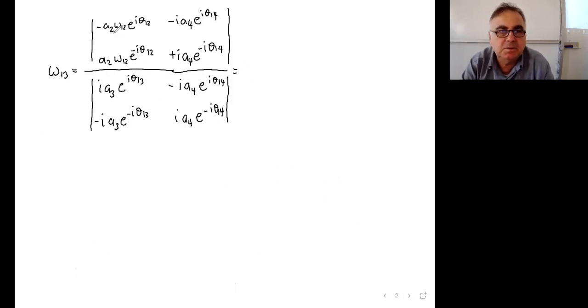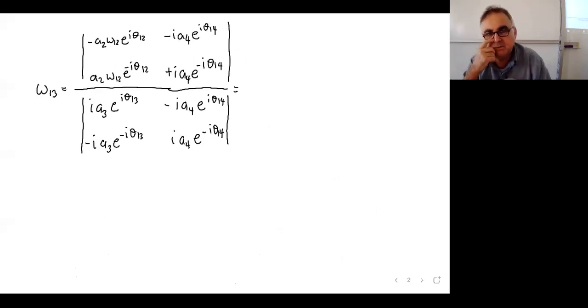Okay, so we take the determinant here. We take both determinants as a matter of fact, and we get I, A2, A4. They cancel. Well, let me just write this.